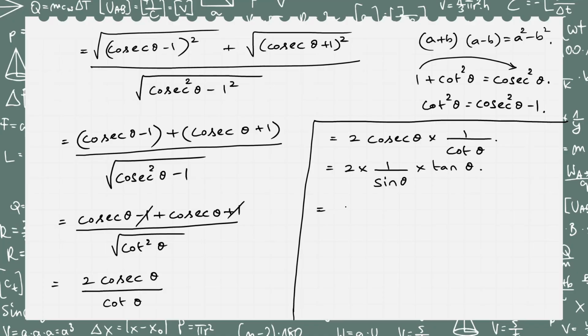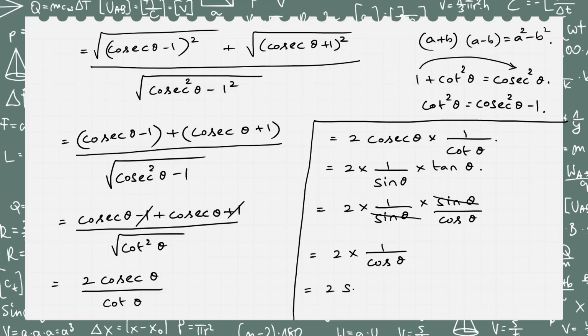Okay, and again we can write tan theta also in terms of sine and cos, which is sine theta by cos theta. Now this sine theta in the numerator and denominator will cancel. So we get 2 into 1 by cos theta finally, and 1 by cos theta is secant theta, of course. So we get 2 times secant theta. That is the RHS we are supposed to get. So we have proved the result.